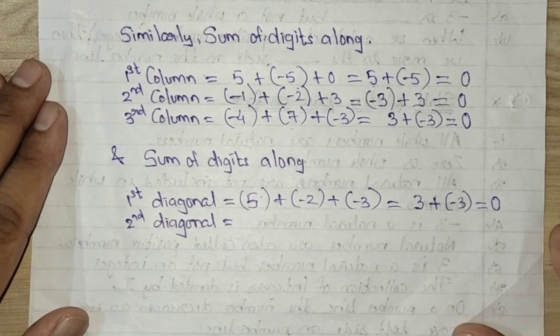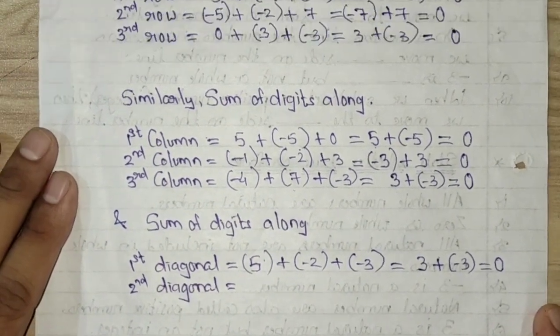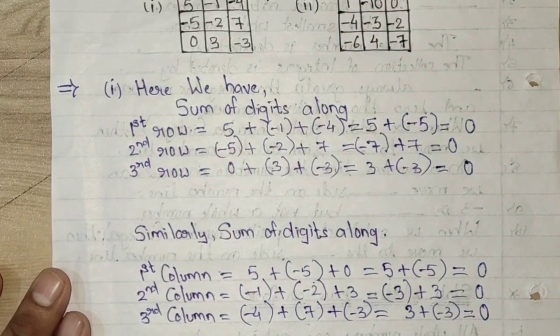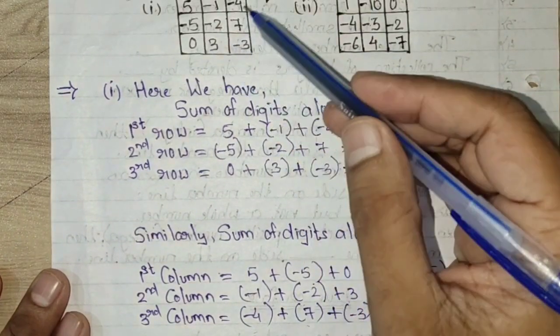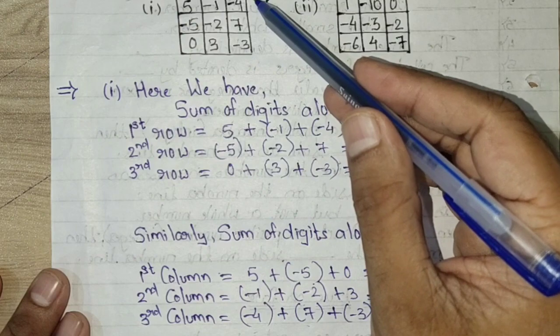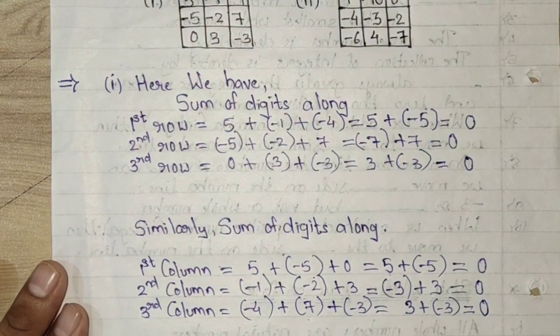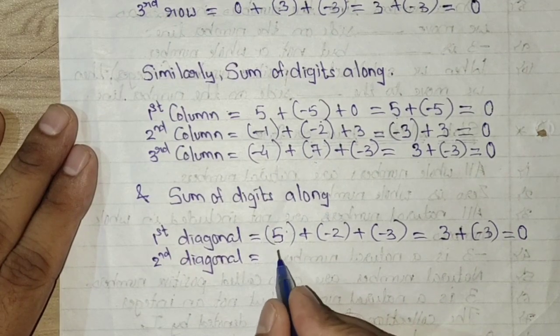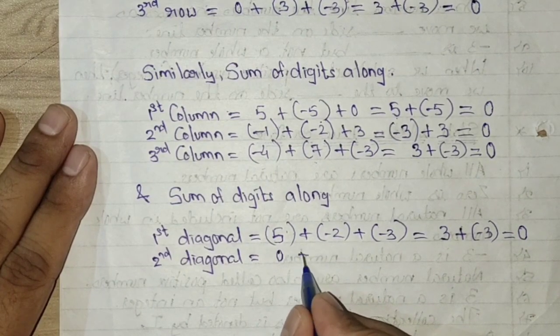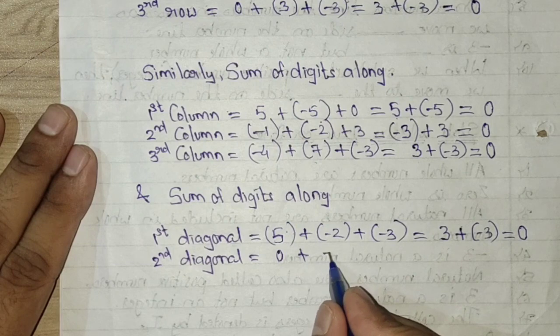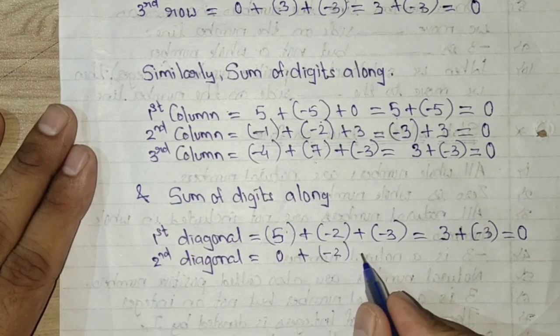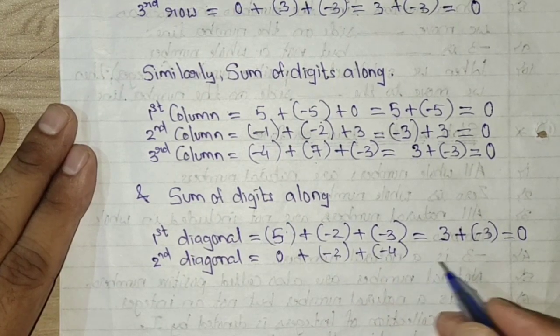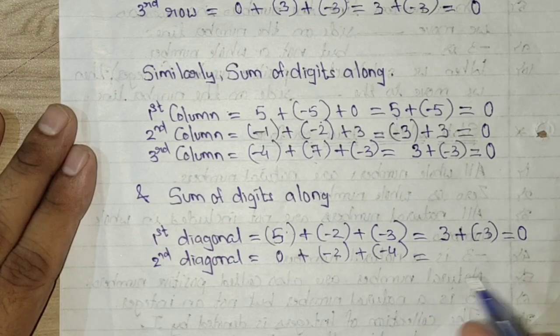Now let us move to the second diagonal. The integers in the second diagonal are 0, -2, -4. Let us see. 0 plus -2 plus -4. 0 will be removed.